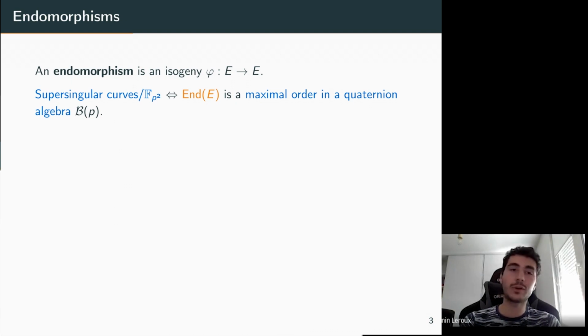Then the objects that we're going to need are endomorphisms. An endomorphism is simply an isogeny from a curve to itself. So basically, this is a loop in my graph. In fact, supersingular curves are the set of curves with an endomorphism ring, which has a special structure lying inside a quaternion algebra.